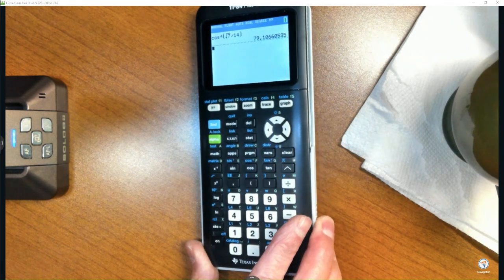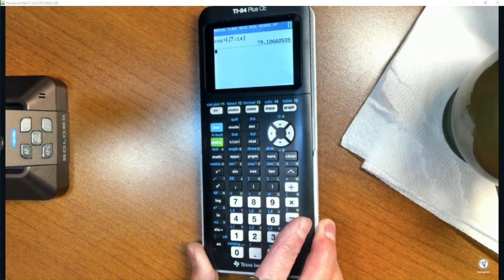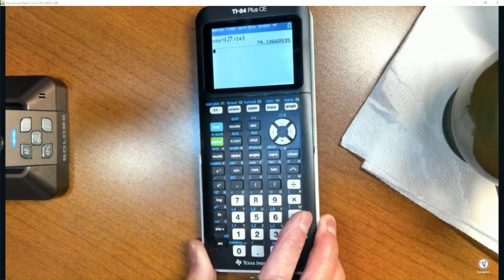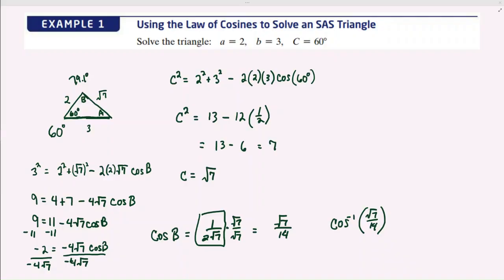And this comes up with an angle, to the first decimal, of 79.1 degrees. Alright, so since the cosine of B is equal to the square root of 7 over 14, B itself is equal to the inverse cosine of the square root of 7 over 14, and we found that to be roughly 79.1 degrees.